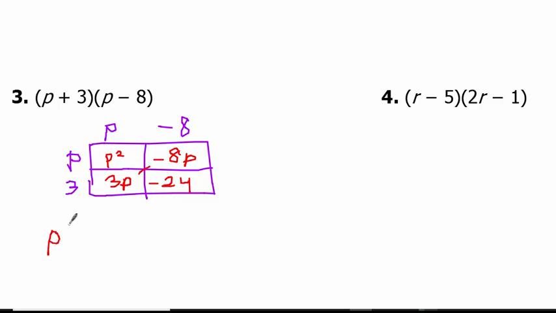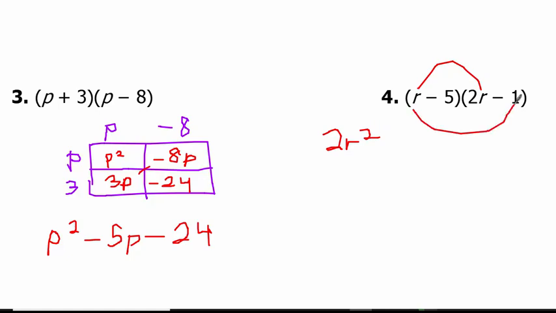So writing it in standard form, I'm going to look for my highest variables, then my next degree, and last my constant. Both methods work equally well. If I'm going to FOIL this, I'm going to start with my first terms, my outside. Negative times a positive is a negative.